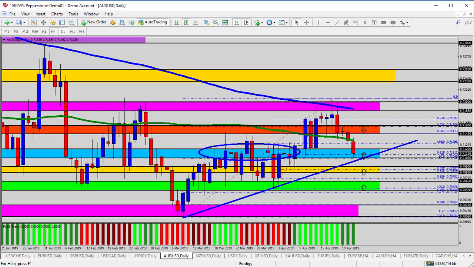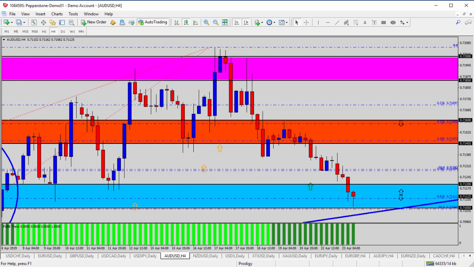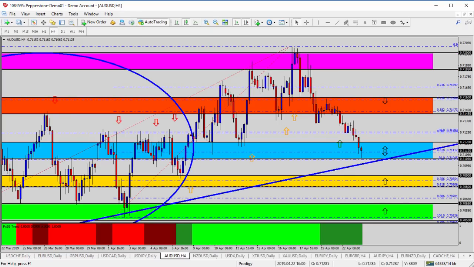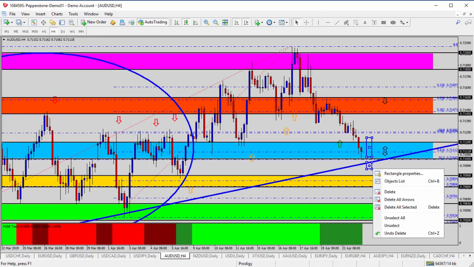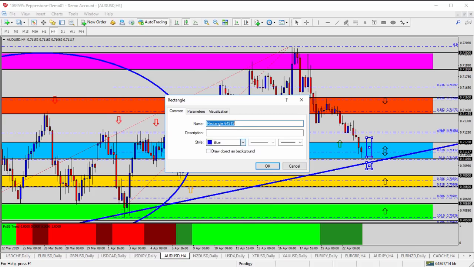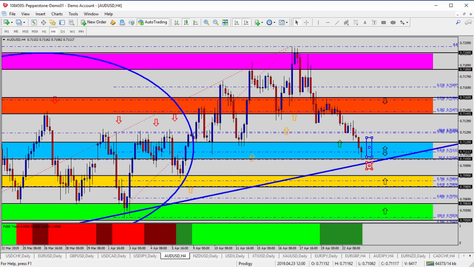So we're looking for one of two things. Taking it down to the 4-hour time frame, one of two things is going to happen here at the blue zone, at the significant decision area. By the way, look at the support back here. Either we're going to see a sudden infusion of buyers and it's going to turn around and start going back up again, or we're going to see it finally get underneath this blue zone and all of those indications of support that we've already talked about and continue to go lower.